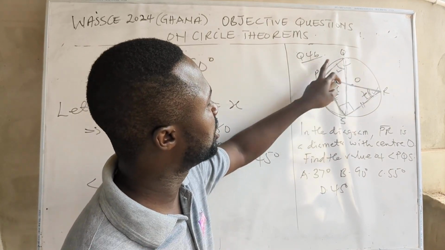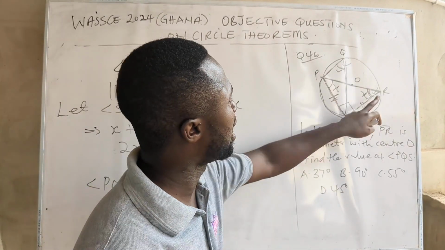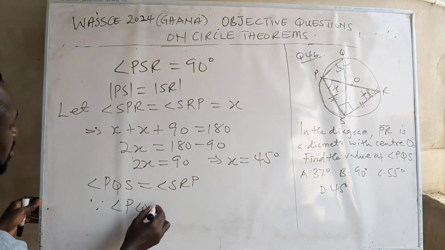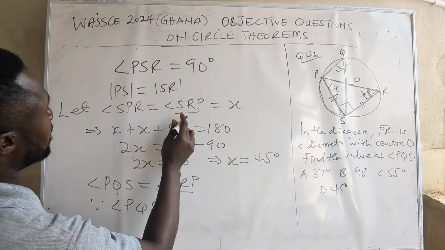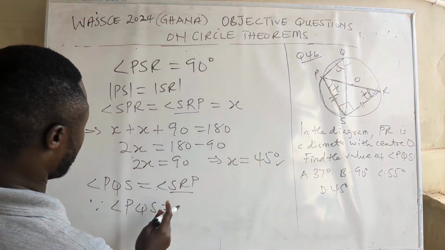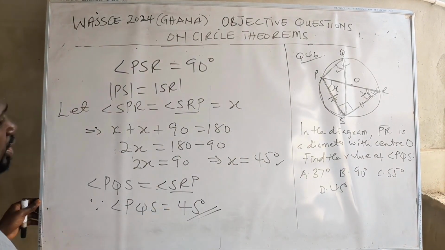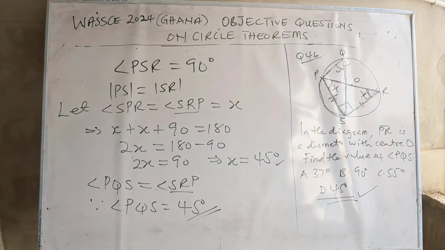So angle PQS is the same as angle SRP. So therefore, what is the value of SRP? SRP is 45. So therefore my angle PQS is also 45 degrees. So the answer is D, 45 degrees.